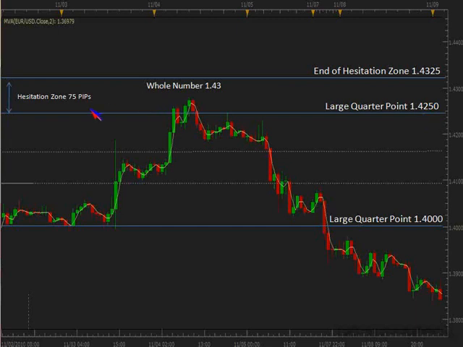Within the hesitation zone, there's also another small area of 25 pips, which I call the overshoot area, which is part of the hesitation zone. But, and I also explain in the book, if prices just overshoot a large quarter point and do not move more than 25 pips, then that indicates that the move is not a decisive breakout above a large quarter point, or below it if prices were moving lower.